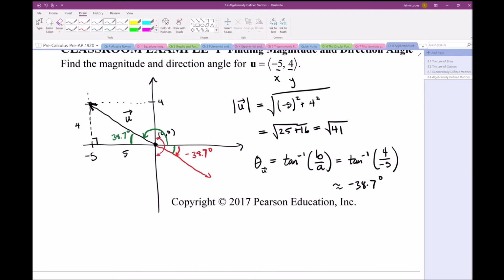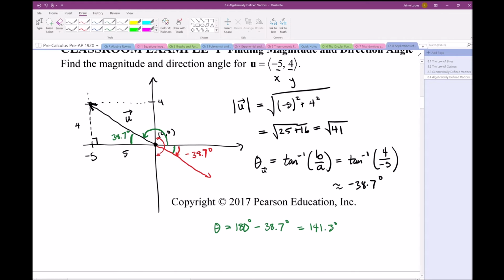So if that one's 38.7, the angle that I want, which is the other way around, starting from the positive x, theta, is going to end up equaling, well, the way that I would probably do this is take 180 degrees total and subtract the one that was given, 38.7 degrees. So if I take 180 degrees and subtract 38.7, you're going to get 141.3, I believe.